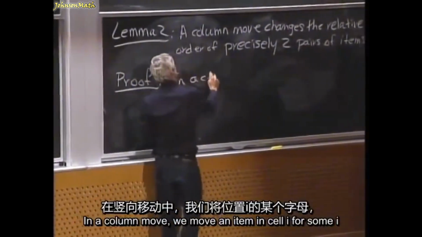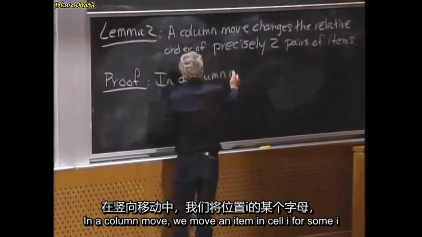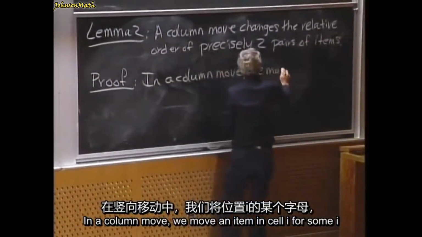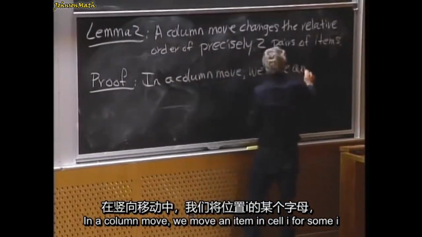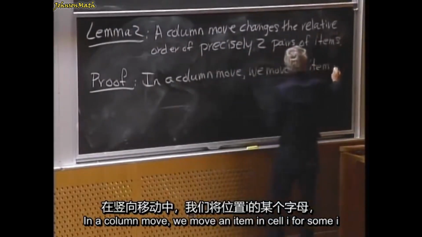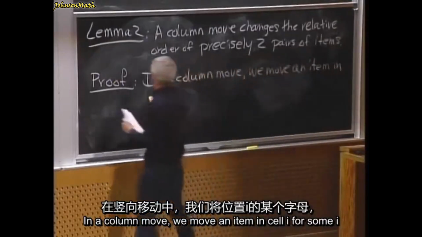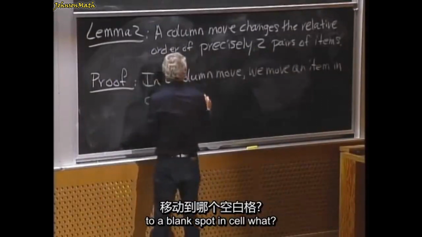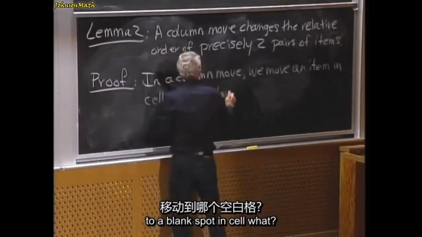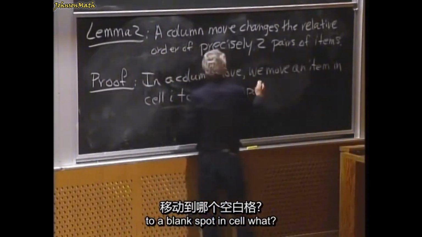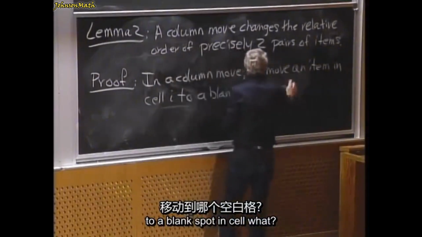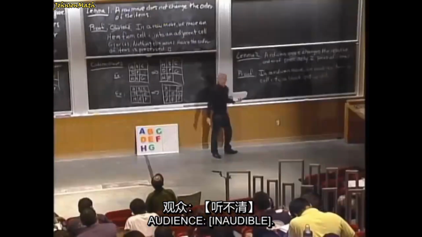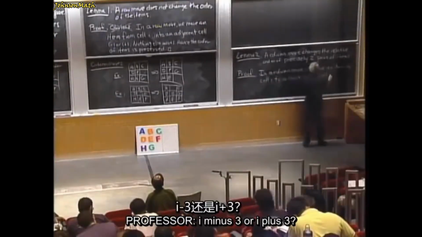In a column move, we move an item in cell I, for some I, to a blank spot in cell what? I minus 3 or I plus 3?